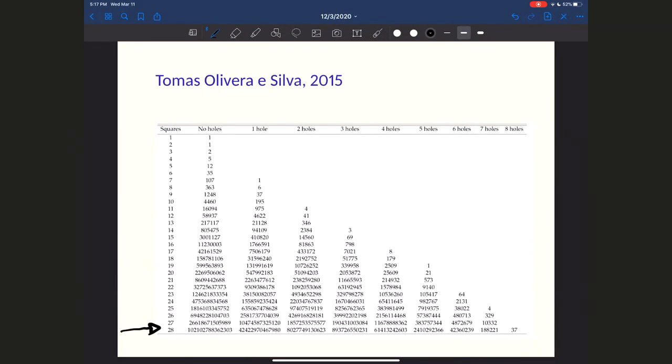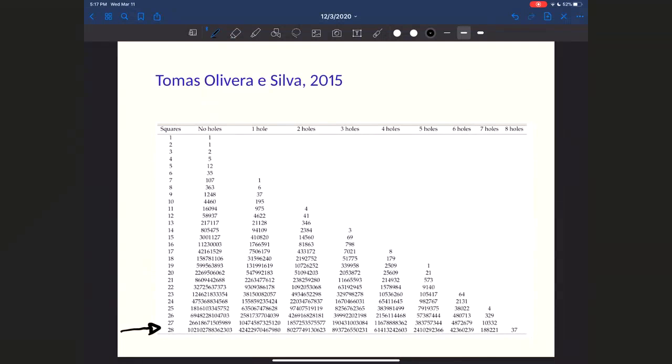And one of the great things that came out of it, and he was not actually interested in this particular question, but he kept track of it while observing each one of the polyominoes, is the number of polyominoes that have 1 hole, 2 holes, 3 holes, 4 holes, etc., with a certain number of tiles.